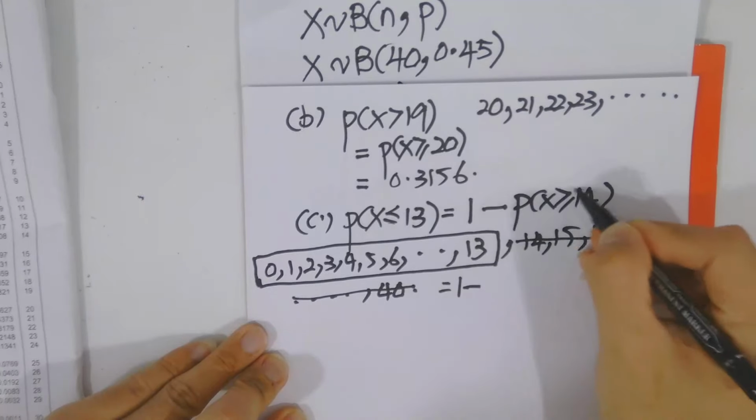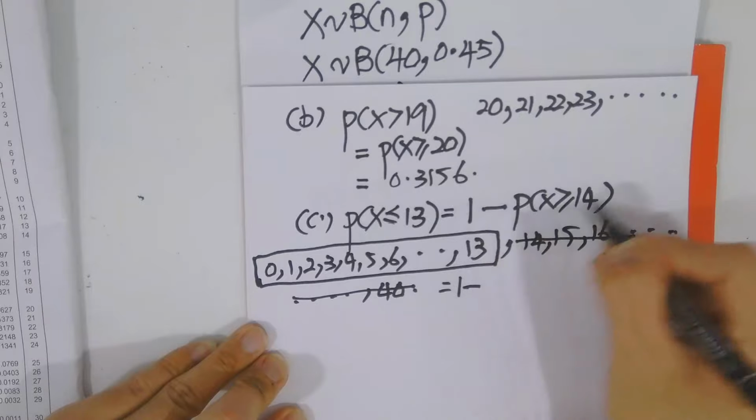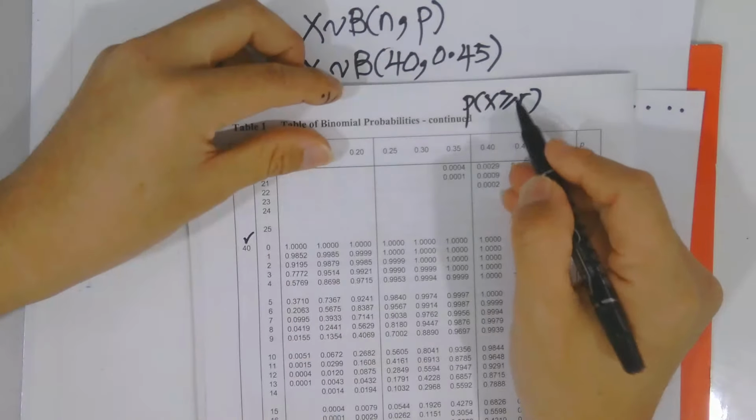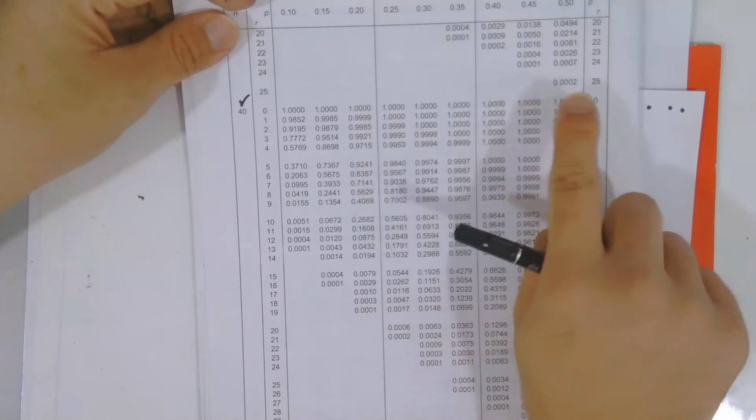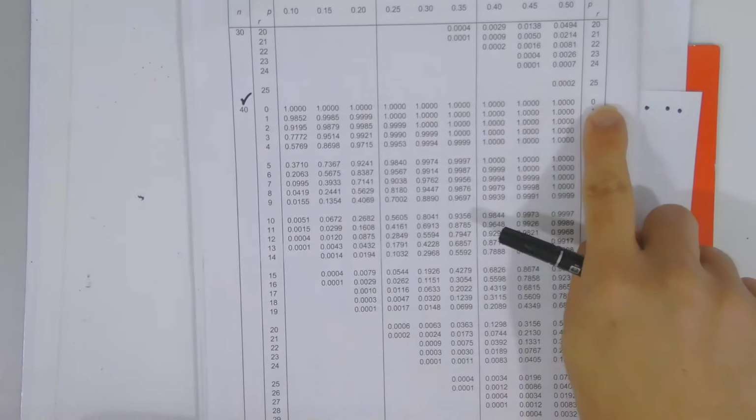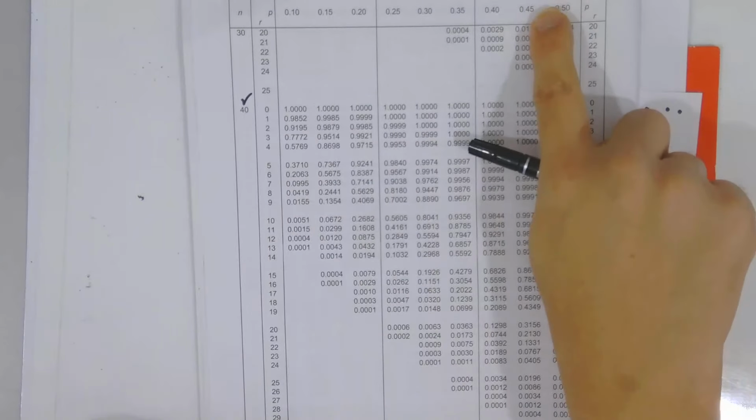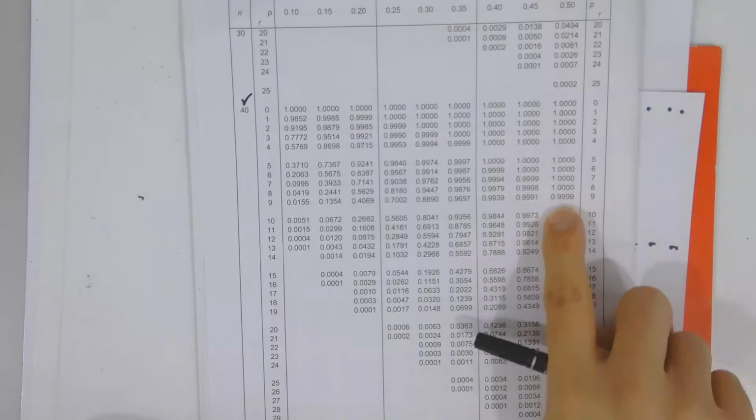Now I can use this to find the value from the statistical table, because it's already in the format of P(X ≥ r). Okay, 14. With this column, 40, 0.45, where is the value of 14?